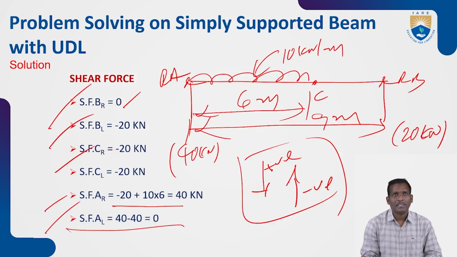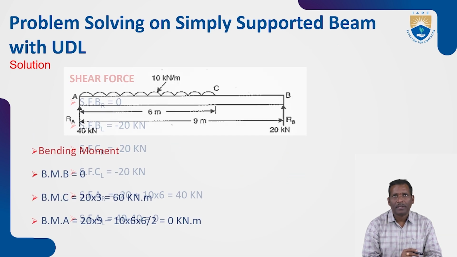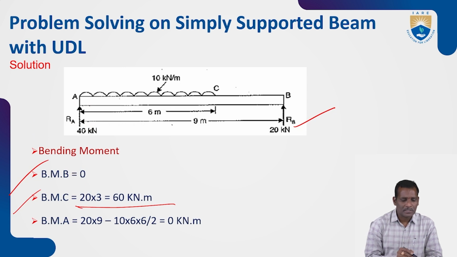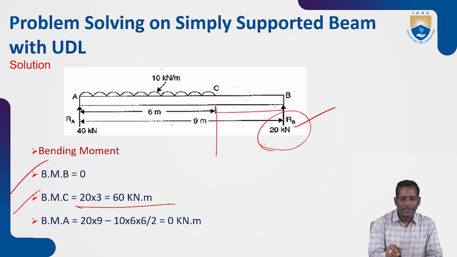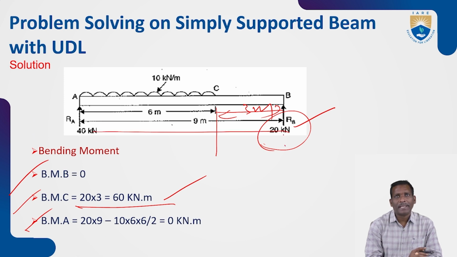So here at C, right is 20 kilonewton and C left is also 20 kilonewton. At this point C, 20 multiplied by 3, the remaining distance is 3. And then at A, 20 multiplied by the entire distance minus the UDL part, so W into L by 2.